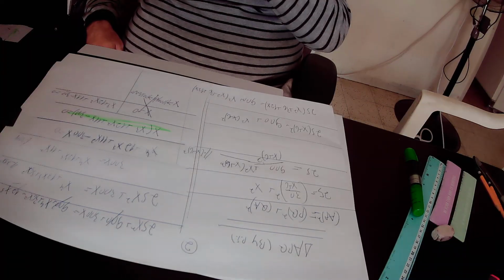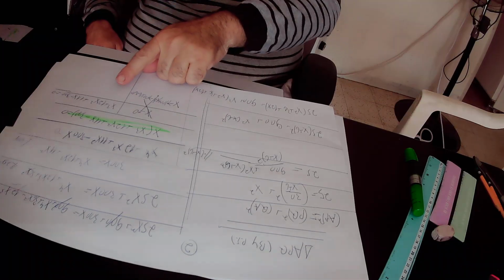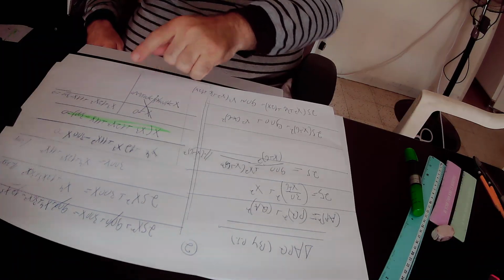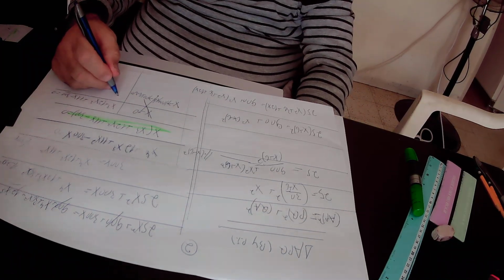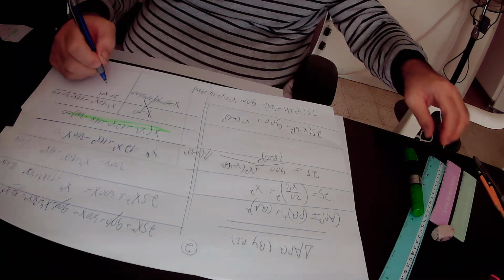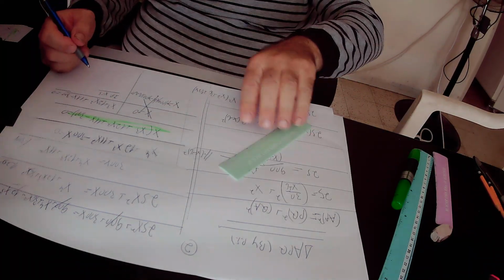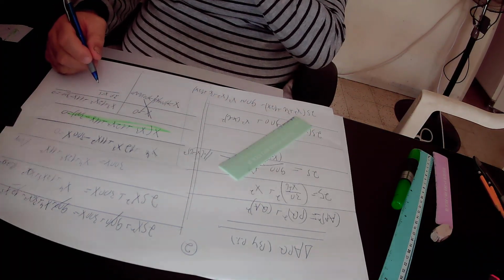So first of all, we check if this equation is true for x equals 3. So if x equals 3, then this expression in total will be equal to x cubed.